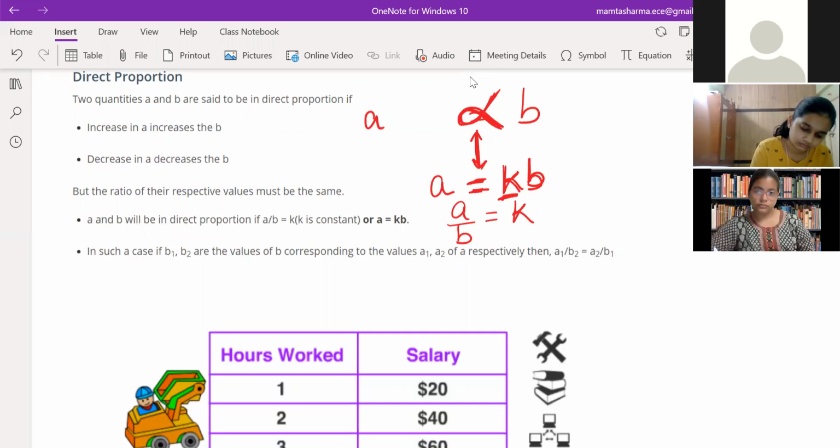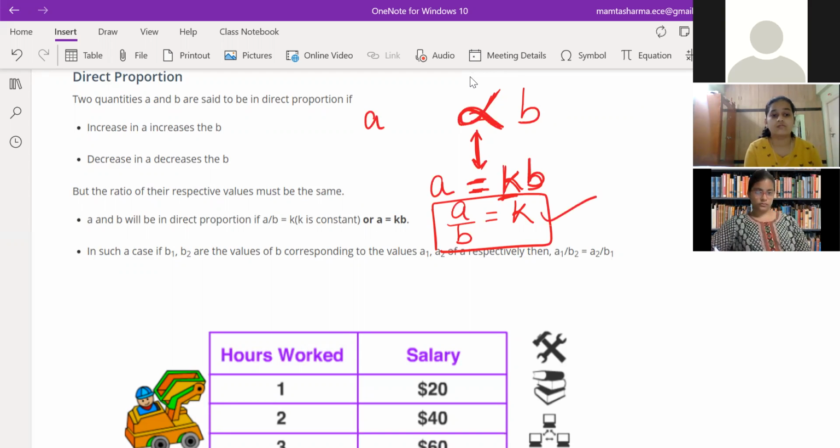The ratio of one quantity to the other quantity will always remain constant. That is the only proper definition. If the ratio of two quantities remains constant, then they are in direct proportion.